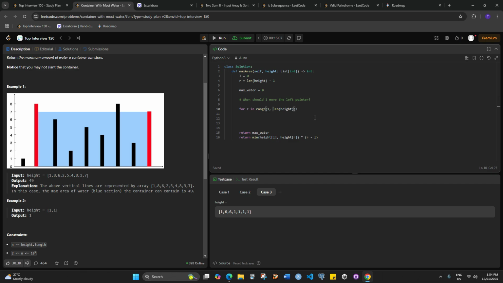The right pointer, I can just do this basically, and keep looping through, but when should I be moving the left pointer? When should I move both pointers even? Because I have no idea.